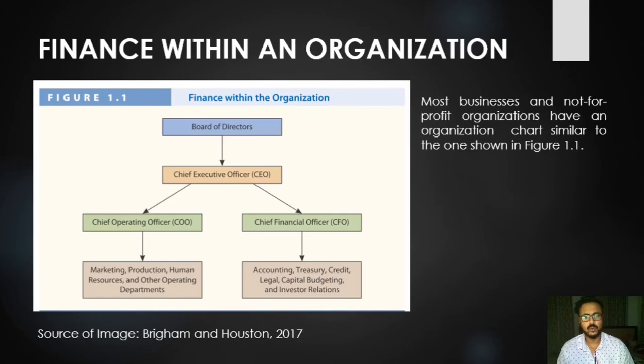It begins with the board of directors, who are the top governing body, followed by the chairperson of the board, who is generally the highest-ranking individual. The CEO comes next, but often the chairperson of the board serves as the CEO.